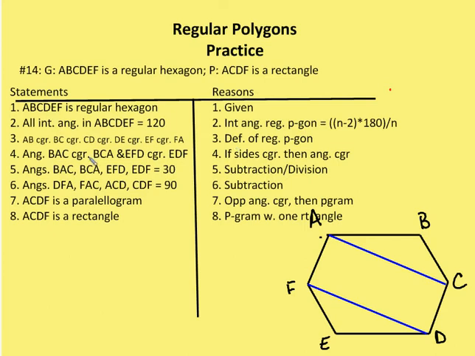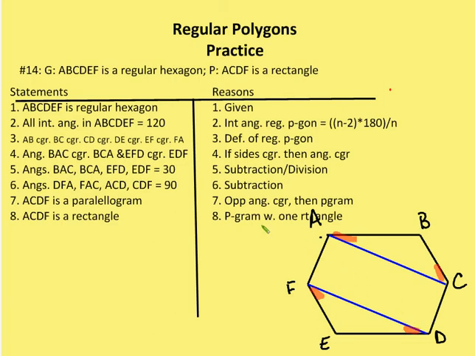Then I know that angle BAC is going to be congruent to angle BCA, because if I have sides that are congruent, then the angles will also be congruent. So let's just mark that up here. BAC and BCA are congruent. I also know that EFD and EDF are congruent for the same reason.